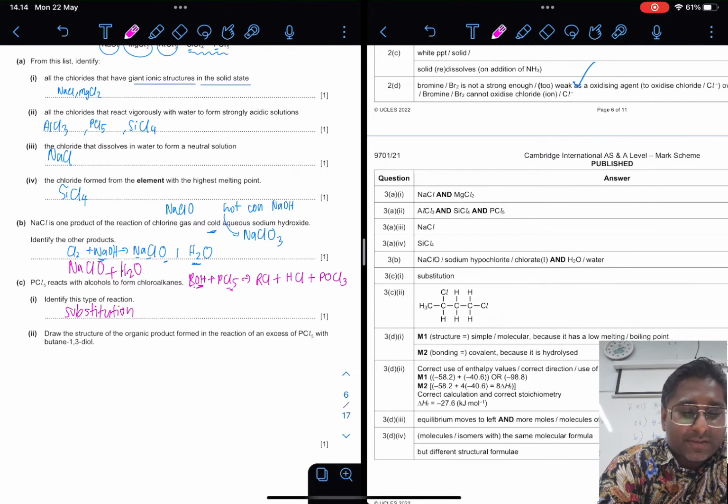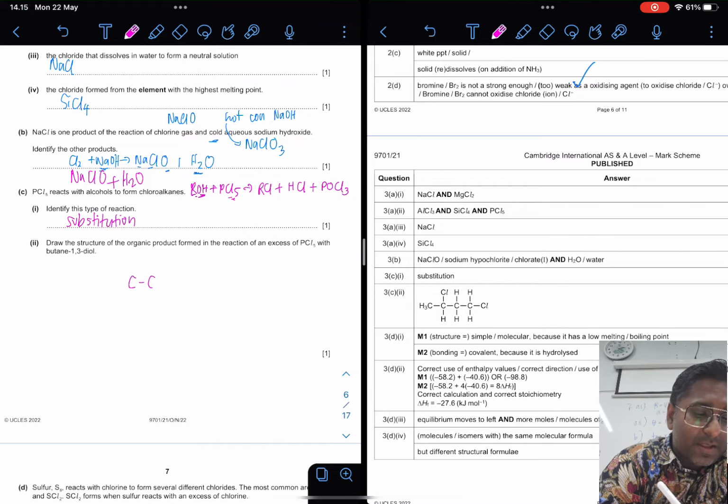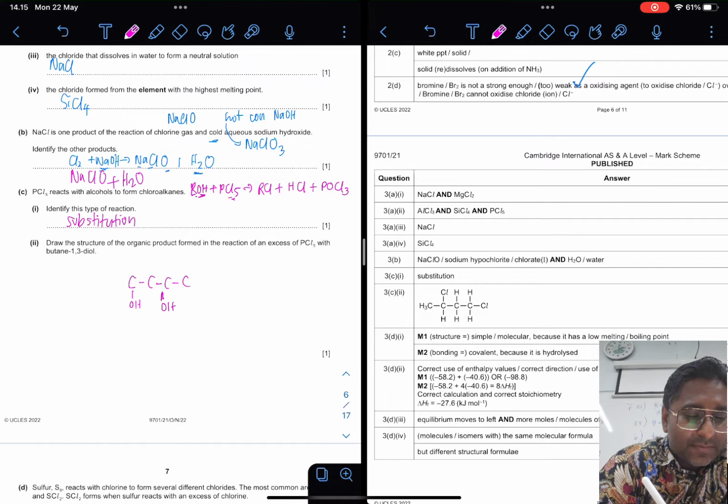Draw the structure of the organic product formed in the reaction of an excess of PCl5 with butane-1,3-diol. So this is butane, position number 1, position number 3, diol. Now you are reacting with PCl5, so we want the organic product.